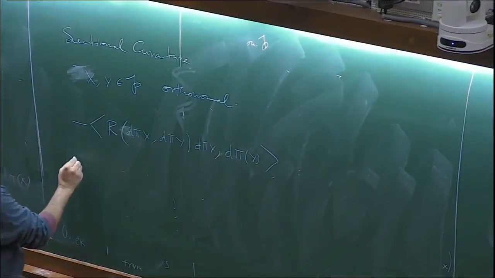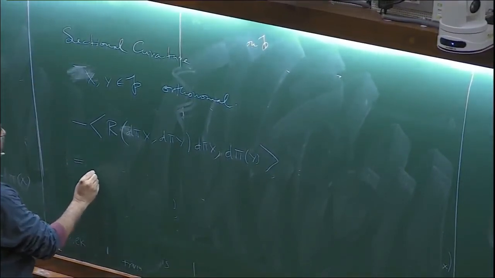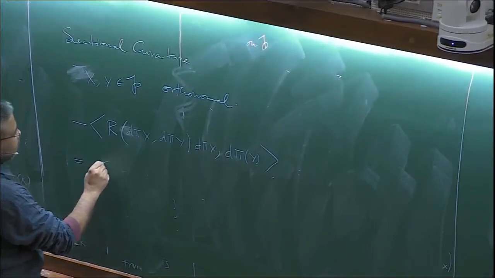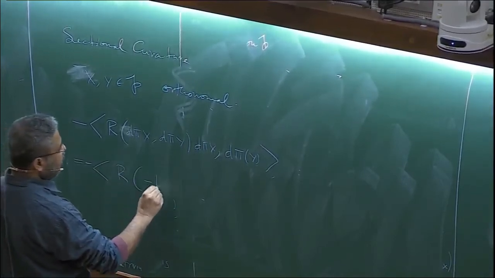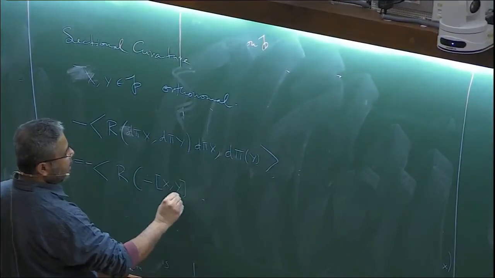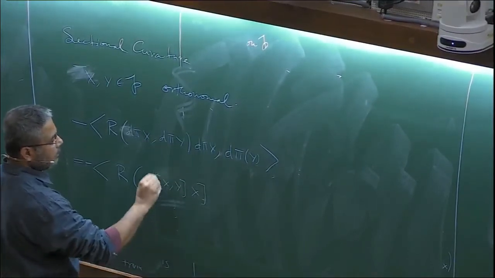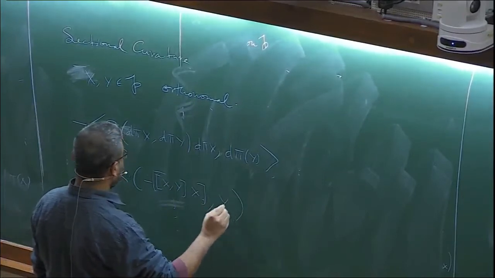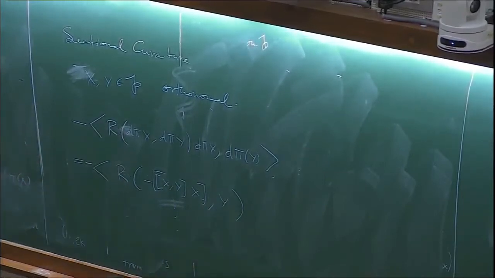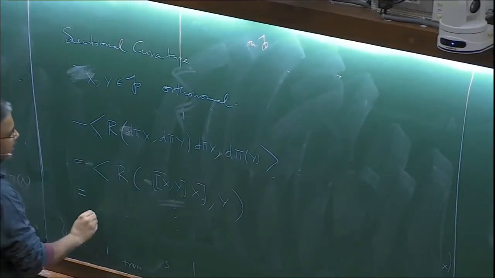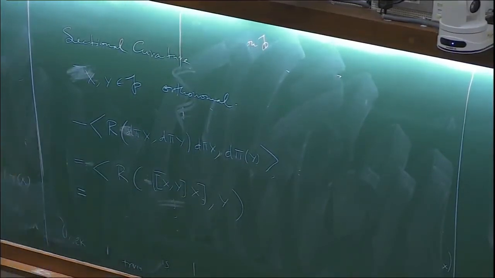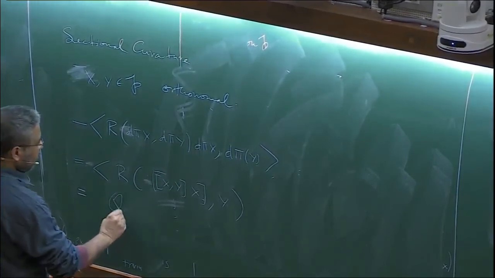And this is going to be minus R(X,Y)X,Y. All right, minus and minus gives me plus, and so this is going to be Q.